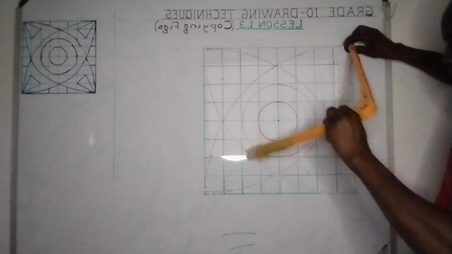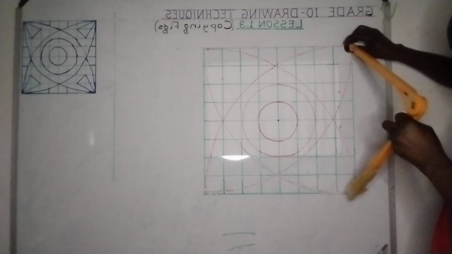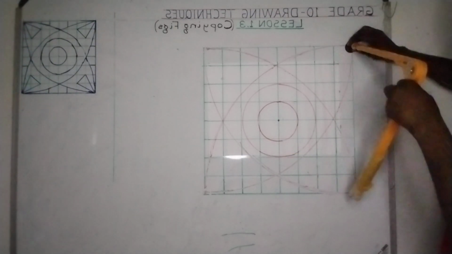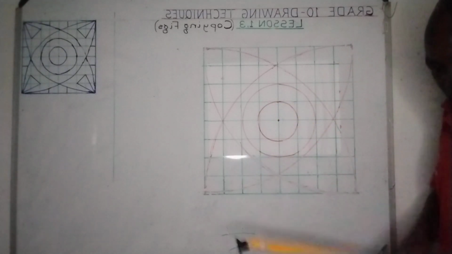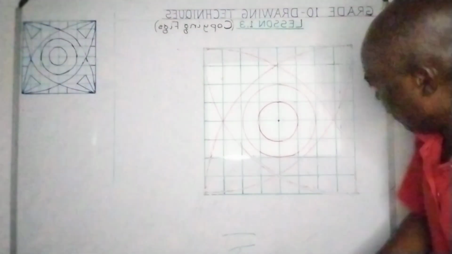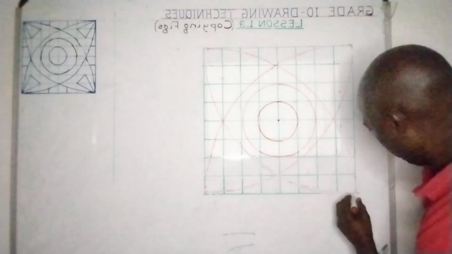It's not drawing darkly enough here. Let me go over it. It's not writing either. What's wrong with these markers?